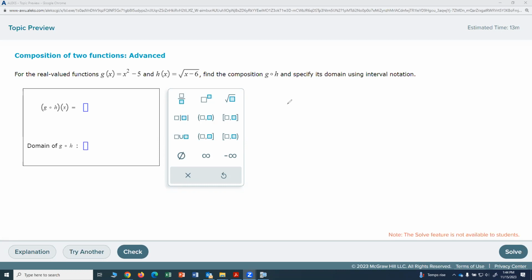So remember, g of h means that I'm going to take the h function and plug it into g wherever I see an x. So since g is x squared minus 5, I'm going to take h, which is square root of x minus 6, square that, and then subtract 5.